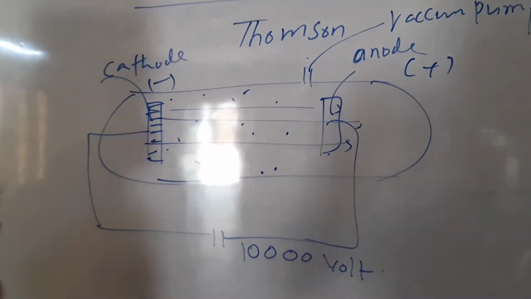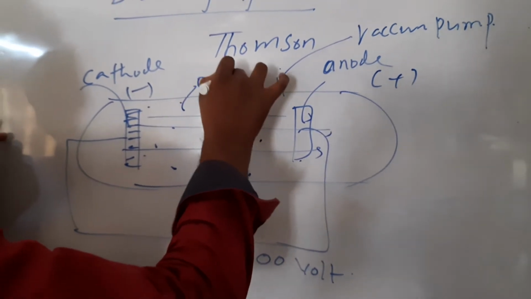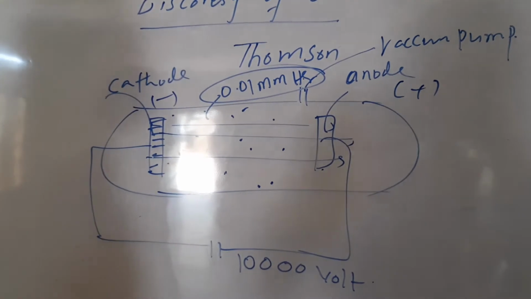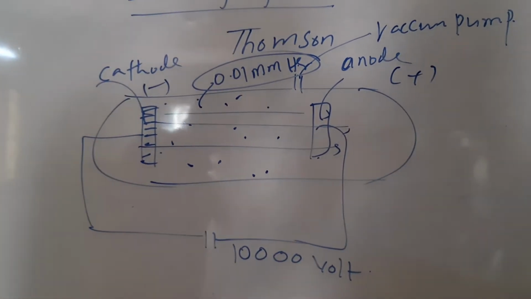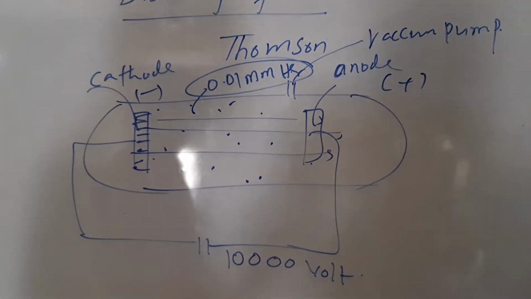In the discharge tube he has taken the gas at very low pressure, 0.01 mm of Hg. This is a cathode ray discharge tube.